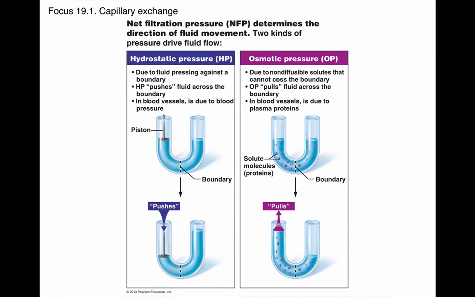Now, the net amount of fluid that leaves the blood capillary is determined by the pressure that's called the net filtration pressure. I think we talked about filtration in class, thinking about material getting strained out, say, through the capillary bed.